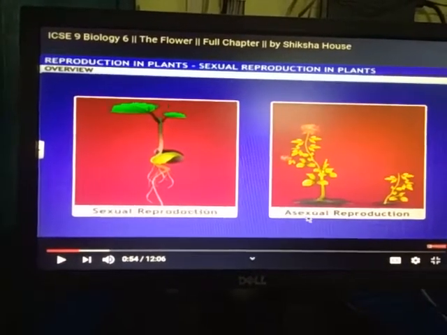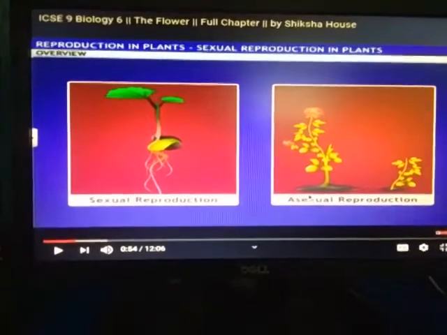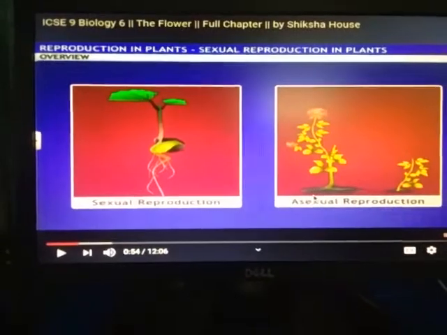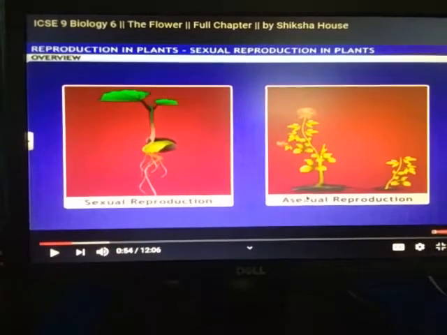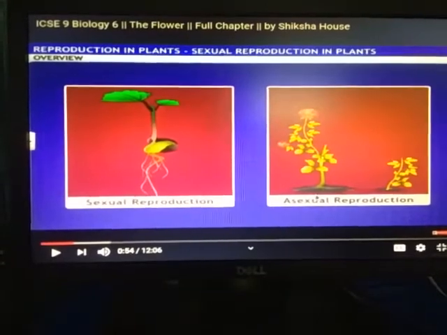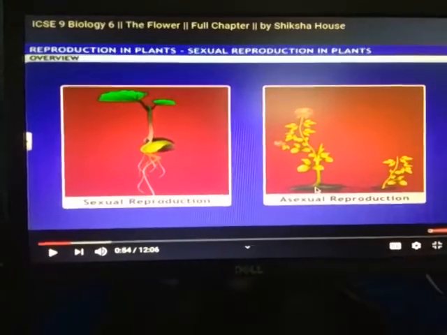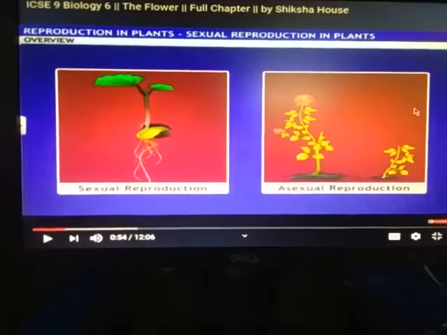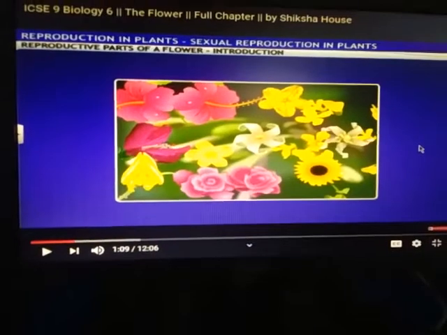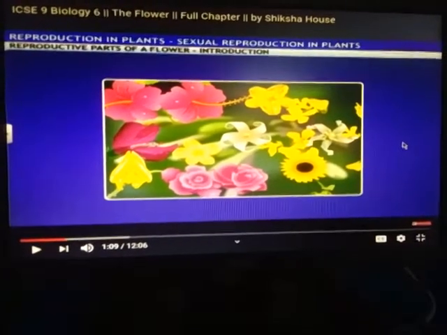But in case of asexual reproduction, only vegetative parts of the plant are involved, meaning root, stem, leaves. When reproduction takes place from these structures, root, stem and leaves, such type of reproduction is called asexual reproduction in plants. Now we will discuss the reproductive parts of a flower.